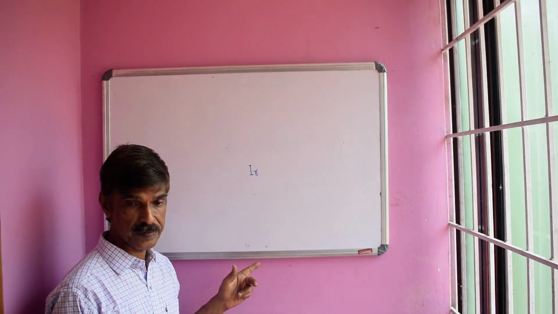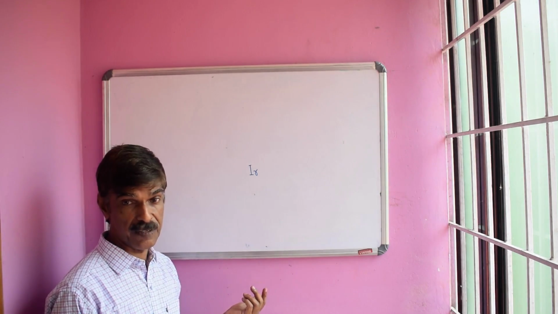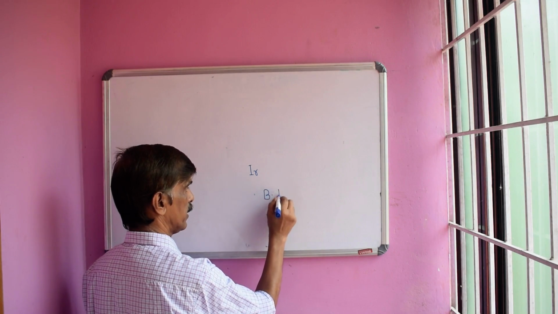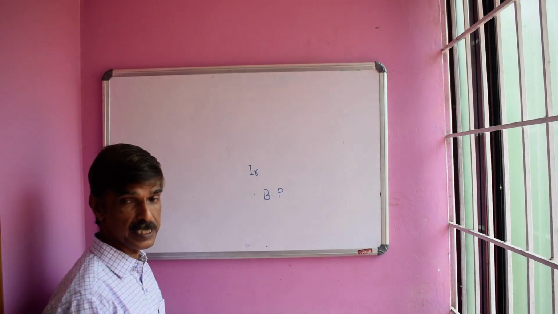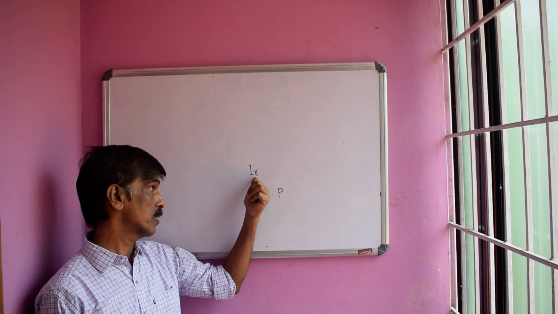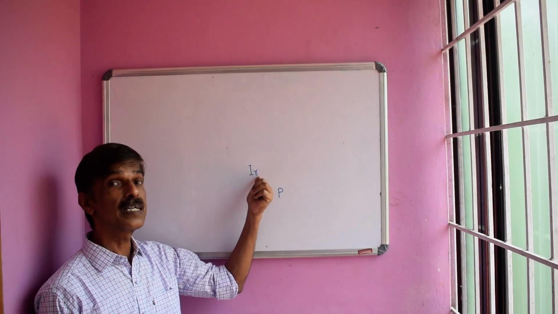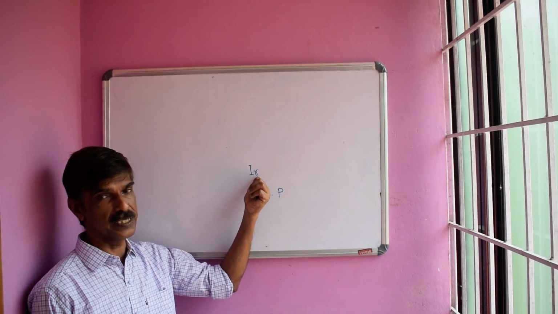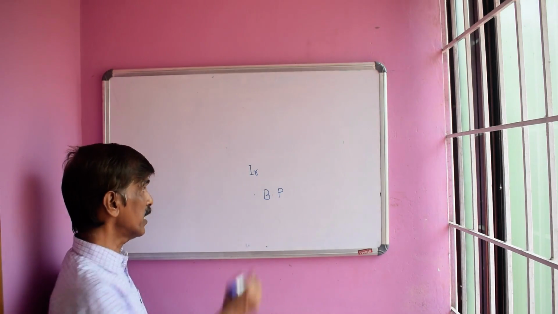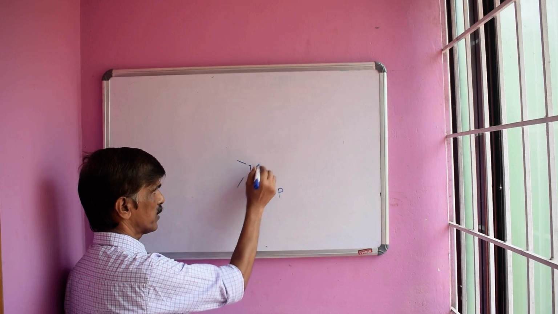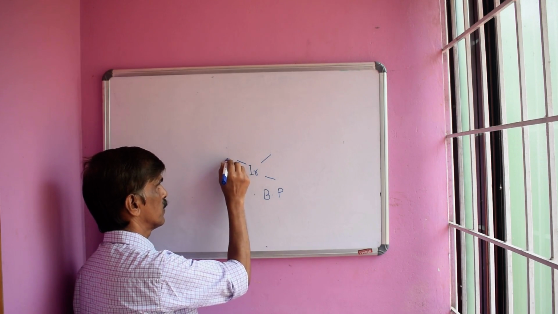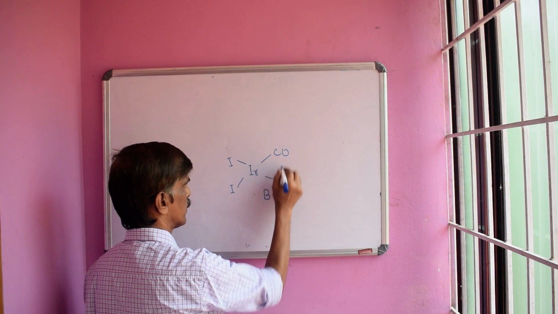This catalyst was developed by another well-known company, a British company, BP Chemicals Limited, British Petroleum. So the BP company introduced a new catalyst, the iridium-based catalyst, which has the same structure, no difference at all. That is, instead of rhodium, we have iridium, that is all.